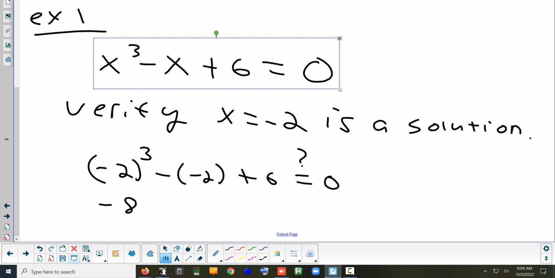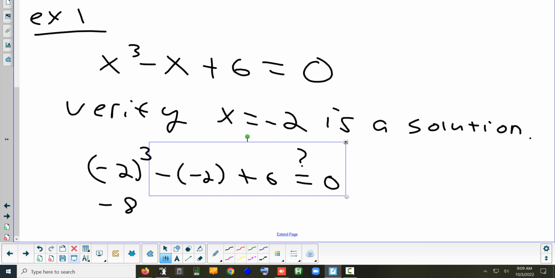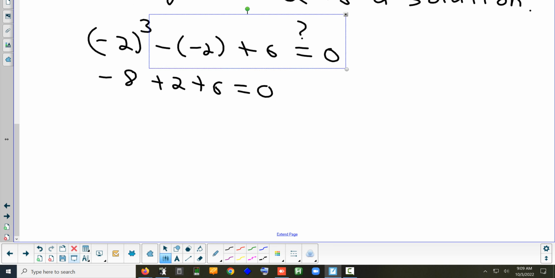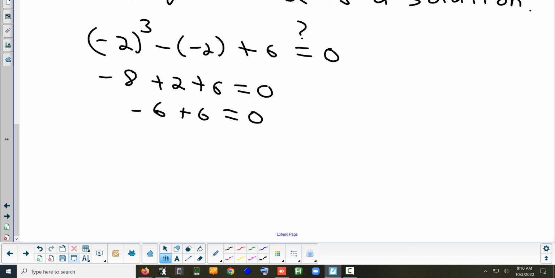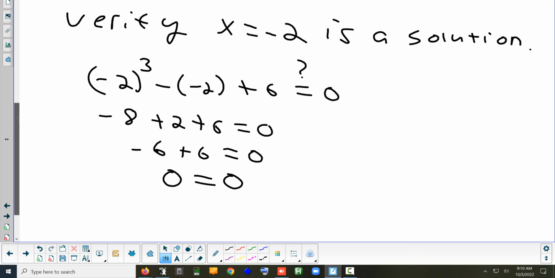And then, Caleb, minus 2. What happens there? Yeah, but you have to add 2. So we're going to add 2. All right. Keep going. Alex, what's negative 8 plus 2? So negative 6. And now we can see negative 6 plus 6 is 0. So I get 0 equals 0.